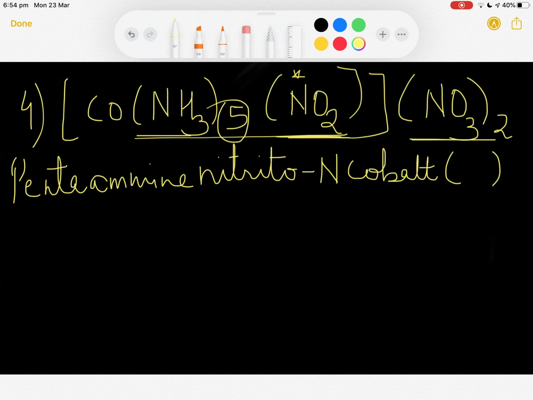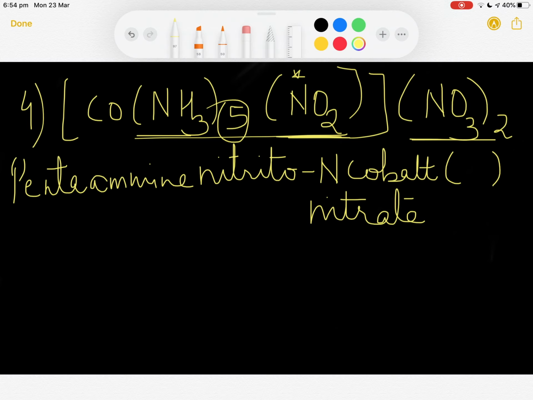So I have to write this primary valency as nitrate. And please take care, though there are two molecules of NO3, I'm not going to use any prefix with it. Remember, I repeat again, no prefix should be used for primary valencies.